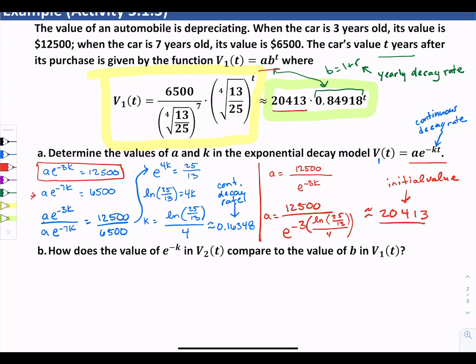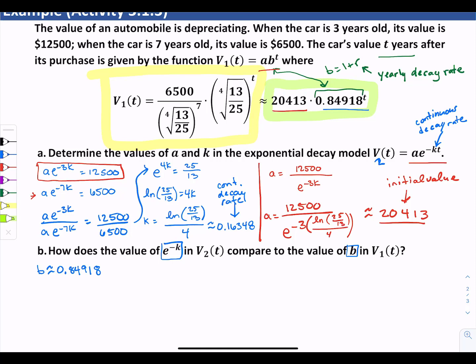How does the value of e to the negative k in v sub 2, sorry, I should have called this one v sub 2 earlier because it was our second model, how does that compare to the value of b in v sub 1? So keep in mind, in v sub 1, our b value was approximately 0.84918.